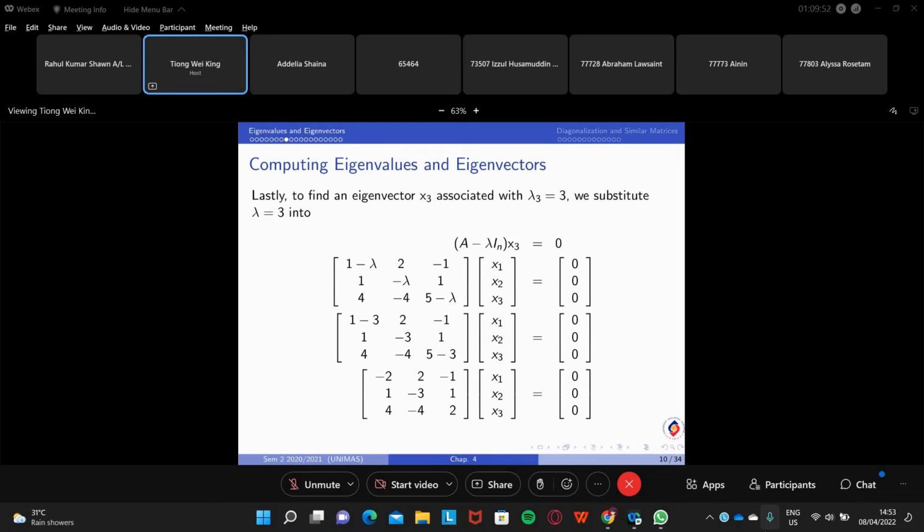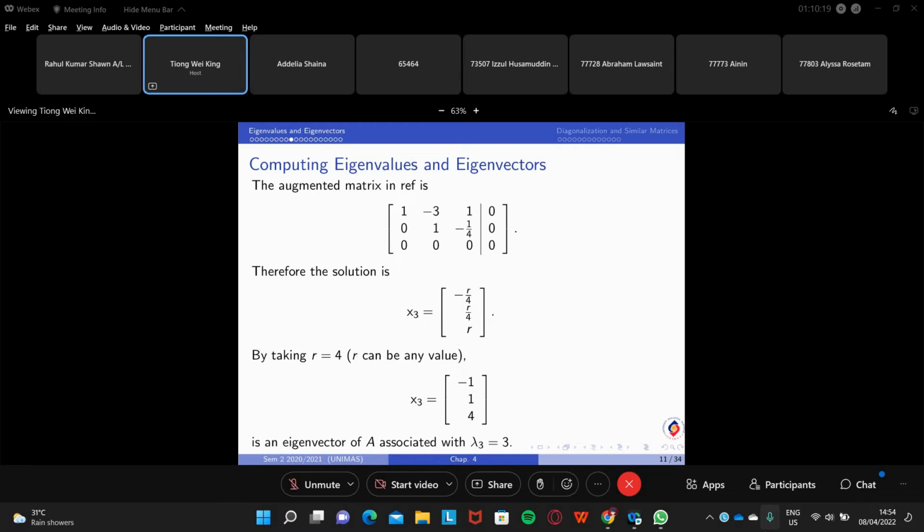Okay, for the third eigenvalue, lambda 3 equals to 3, you substitute lambda equals to 3 in our system here. Again, this is a matrix, with bold x here. You need to repeat the same thing, but now lambda equals to 3. So you have this, and then you simplify, again simplify, and you have it in REF form.